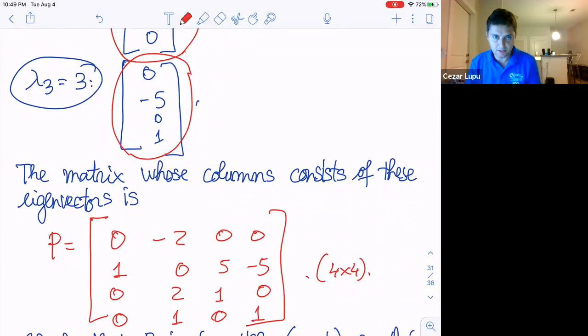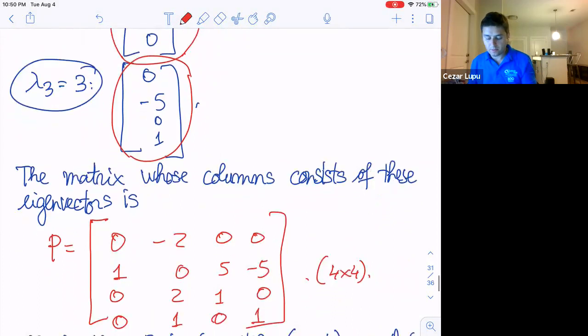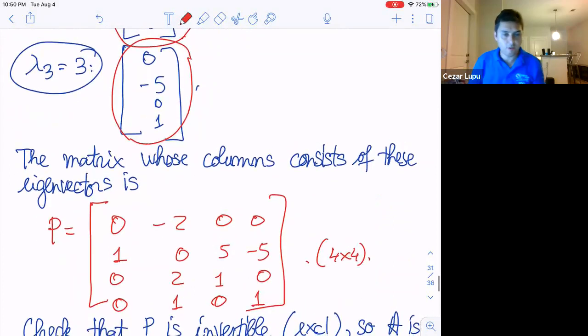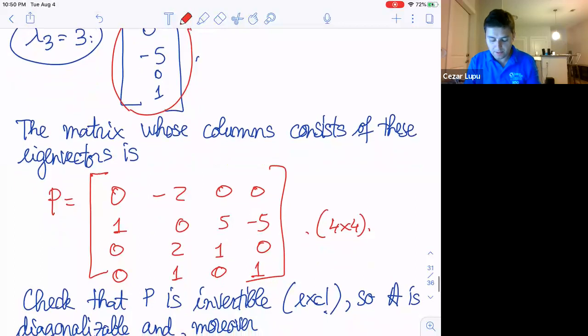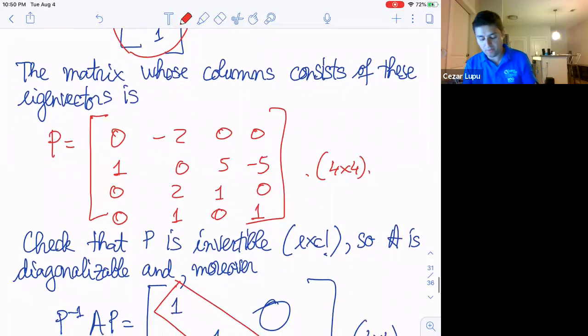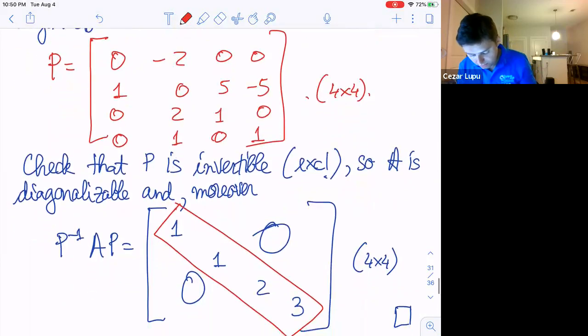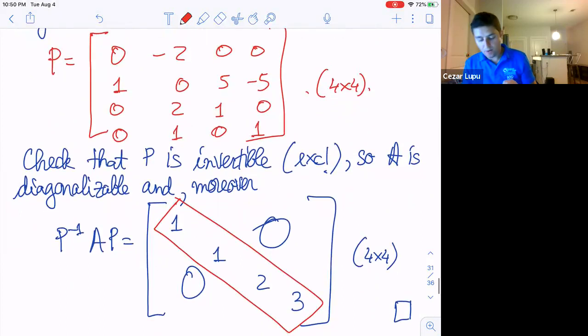So the columns of this matrix will consist of the eigenvectors that we just found. It's a 4x4 matrix. I'll leave it to you as an exercise to show that this is invertible. So since this is invertible, clearly A is diagonalizable, and moreover, if we multiply P inverse times AP, it will give us this matrix: 1, 1, 2, 3.